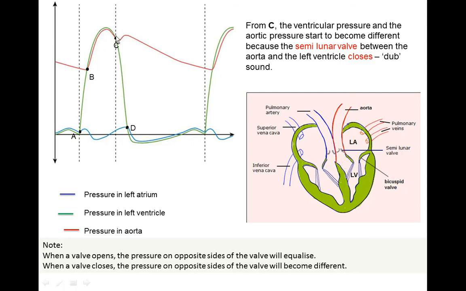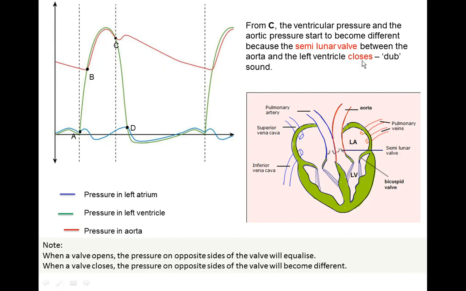But when it reaches point C, we notice that the aorta pressure and the pressure in the left ventricle becomes very different, which means that the semilunar valve between them is closed. Right? So from point C, the ventricular pressure and the aortic pressure start to become different because the semilunar valve between the aorta and the left ventricle closes.